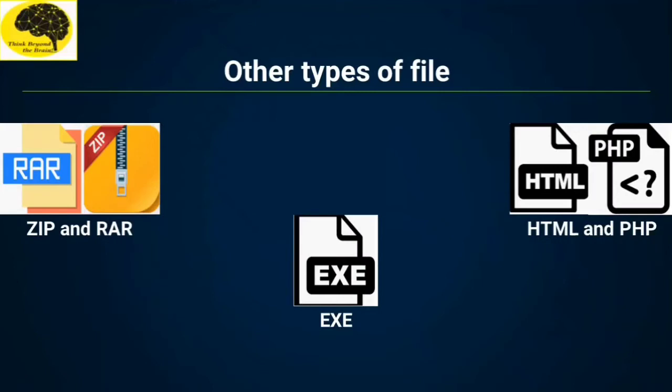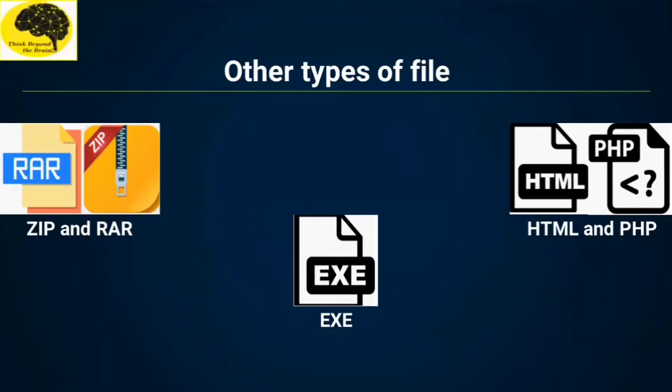Whenever it is required, I will remove it from the zip, and when it is not required, I will put it in zip. So this is the use of zip. And rar also does basically the same function, minimizing the storage of that file. These are zip and rar.